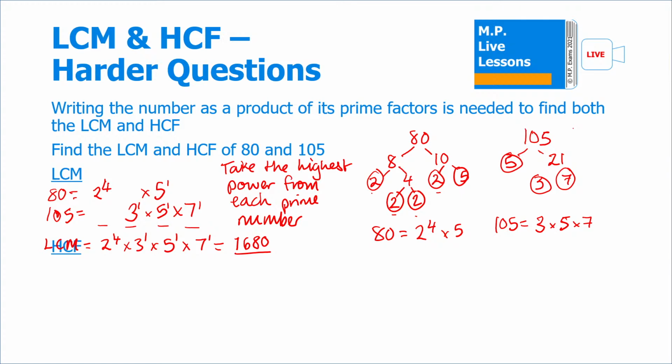And lastly, for the highest common factor, you'll need to write them out again, leaving the gaps where you need to. This time you take the highest power that goes into both numbers.